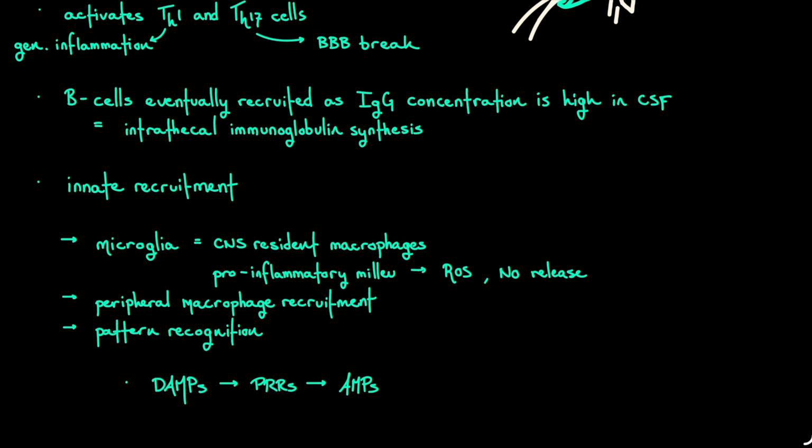Milieu just means environment, setting. So more reactive oxygen species release and more nitric oxide release. Okay, so that brings in more of the peripheral macrophages since the blood-brain barrier is breached in this case. More pattern recognition on the front of DAMPs, PRRs, and PAMPs.